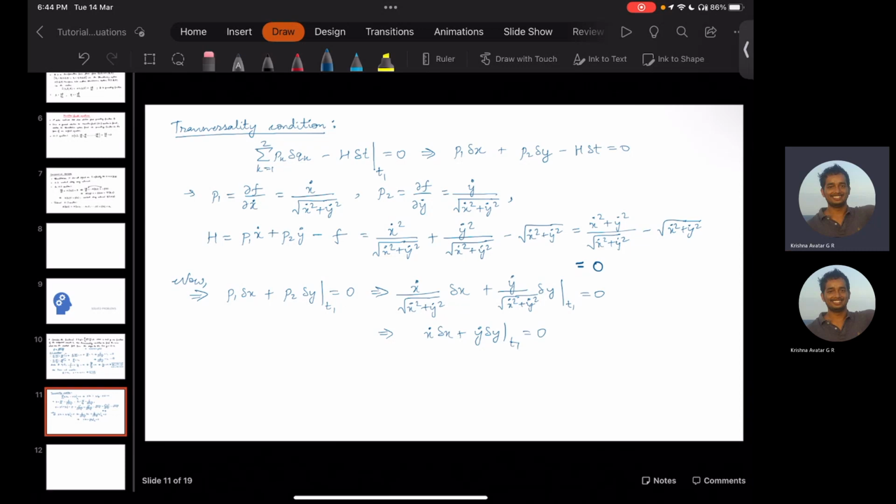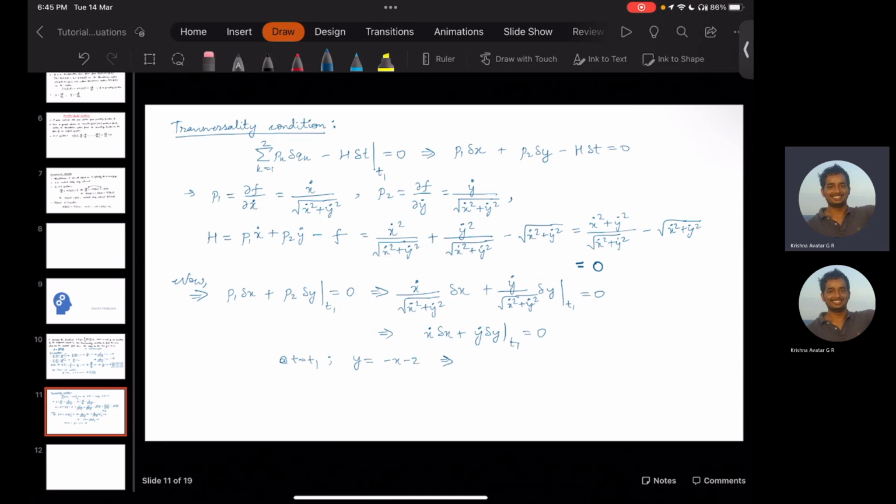So one is dependent on the other. So what we say is, at t is equal to t1, we'll have y is equal to minus x minus 2, isn't it?